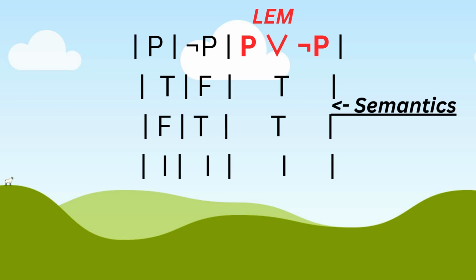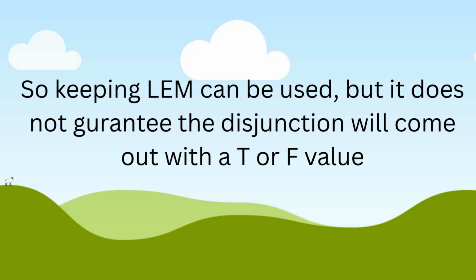So you are allowed to write down LEM, which is the top part, but the semantics, which is the bottom part, the values that you're inputting into LEM, is going to affect the outcome of that truth table. So keeping LEM can be used, but it is not guaranteed the disjunction will come out with a true or false value.